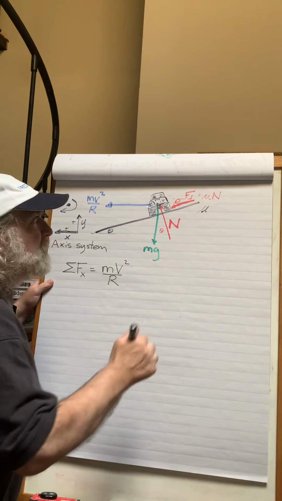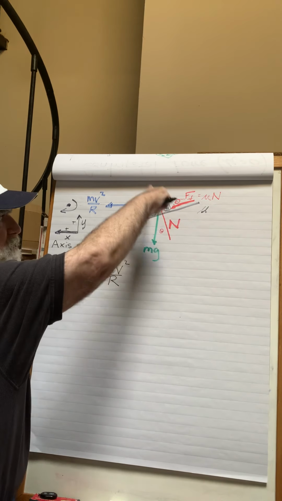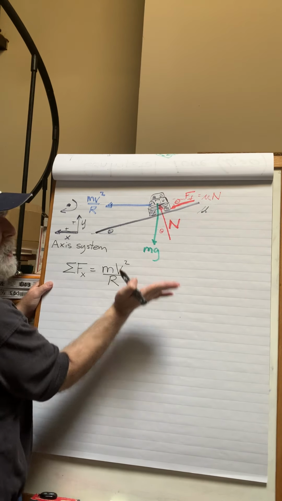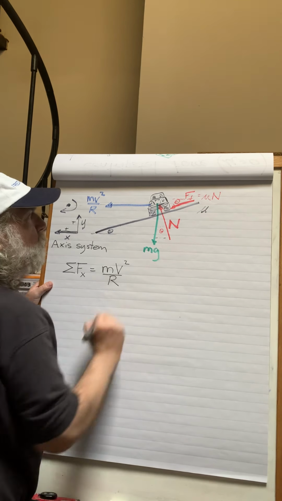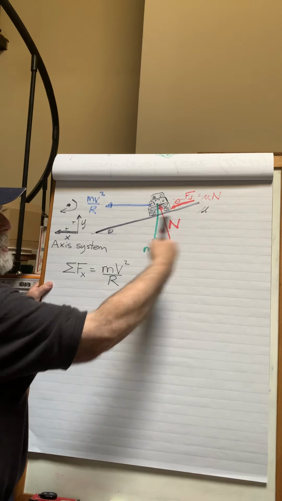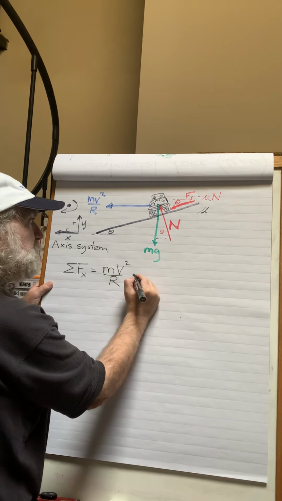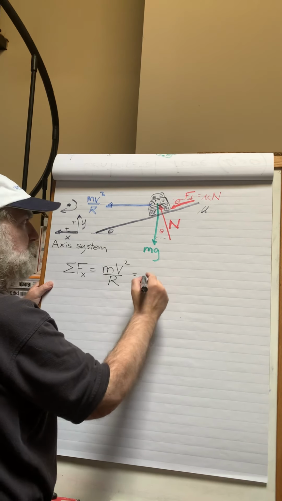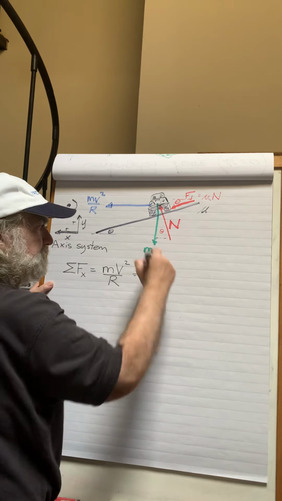Well, I have a normal force acting from the roadway onto the car, and there would be an x and a y component to that. So the x component, positive in this direction, will equal the normal force times the sine of theta.